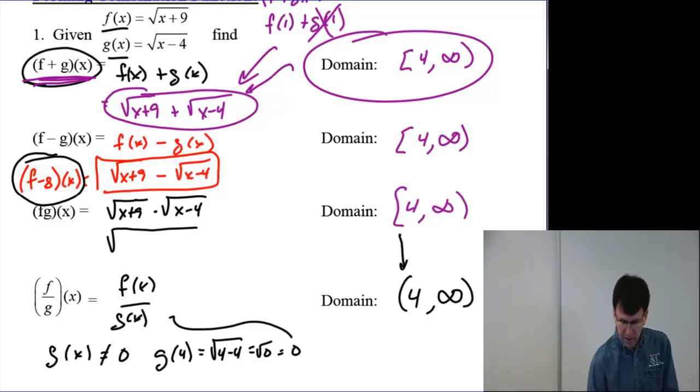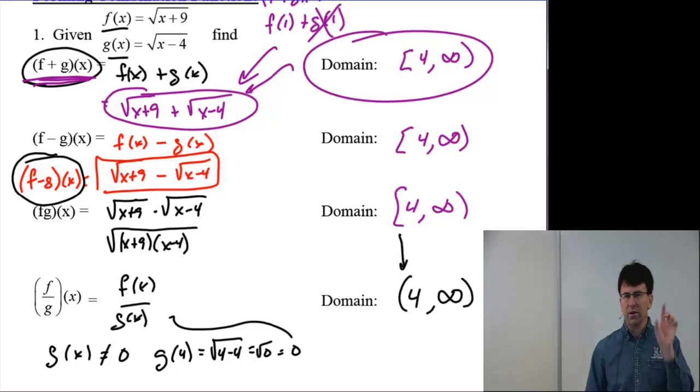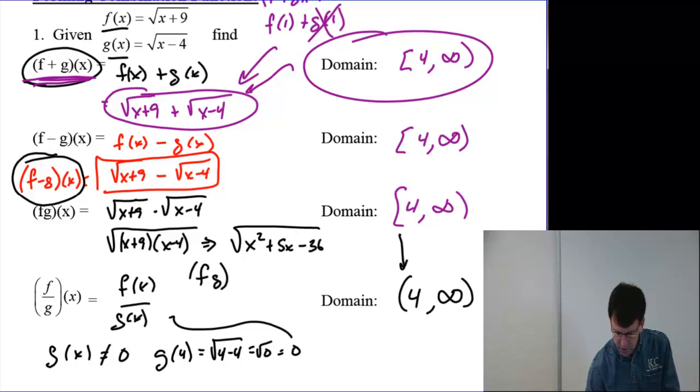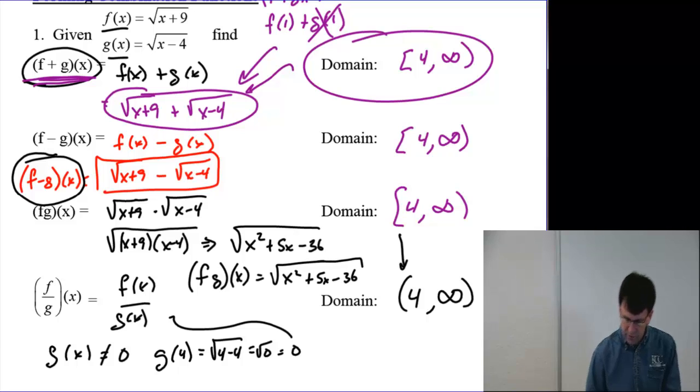So we could simplify this if we wanted to say, well, that's the same thing as the square root of (x plus 9)(x minus 4), because when you have two radicals, you can combine the radicals under the multiplication rule, which we could multiply out to a trinomial, x squared plus 5x minus 36, and that would all live under the radical sign. Let's pay attention to some notation here. It might come back to haunt us. This is the result of (fg)(x) equals the square root of x squared plus 5x minus 36, and that should all live under the radical sign.